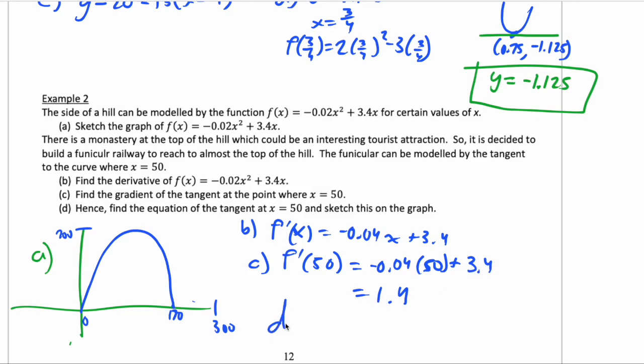Hence, find the equation of the tangent line at that point. Let's look at our graph. We're talking about the point up here. The slope is 1.4. We know the x coordinate because we put in x equals 50. Do we have the y value?